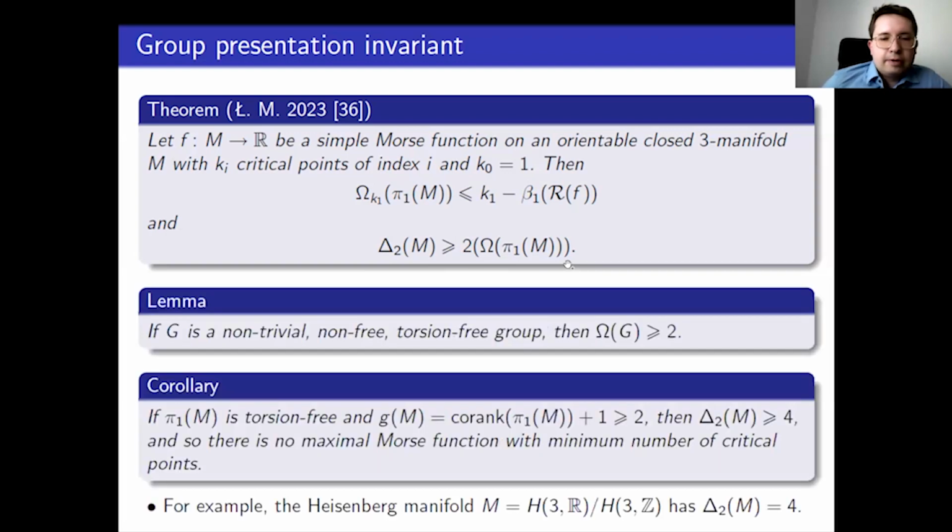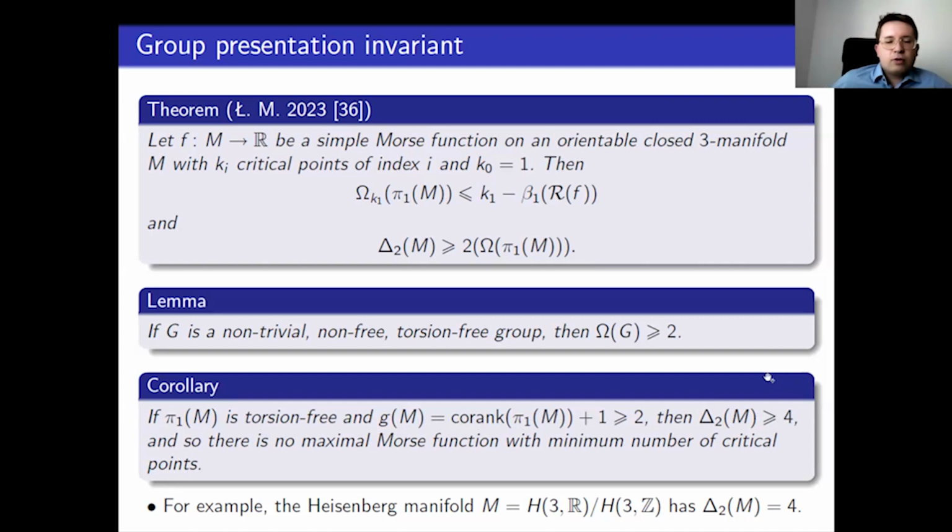And for example, if we take a group G which is non-trivial, non-free, and torsion-free, then its omega invariant is at least 2. And so if we have a manifold with torsion-free fundamental group and with the difference between the heegaard genus and co-rank equal to 1, and heegaard genus at least 2, then this number delta 2 of M is at least 4.